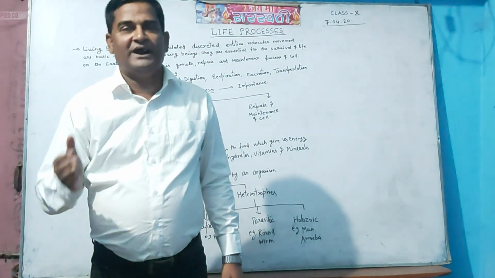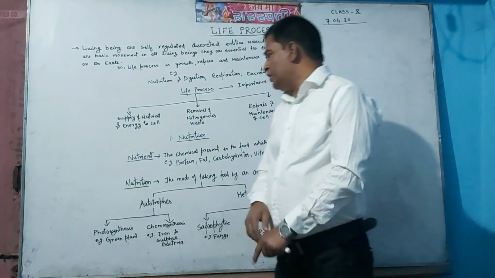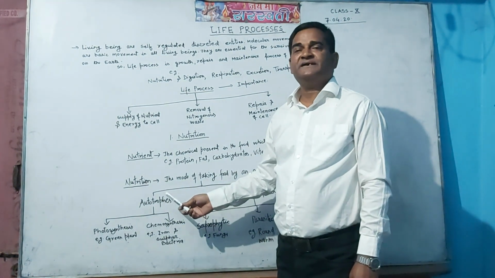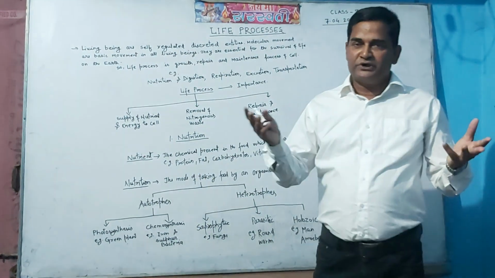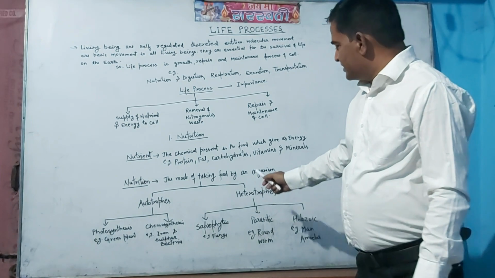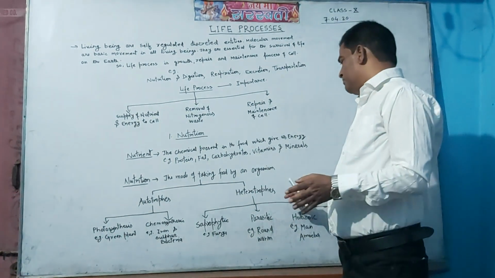The autotroph and heterotroph. Autotroph: A-U-T-O, auto. Auto means self, and troph means synthesis, formation and nutrition. So the organism which can produce its own food is called autotroph. And the organism which cannot produce its own food is said to be heterotroph.